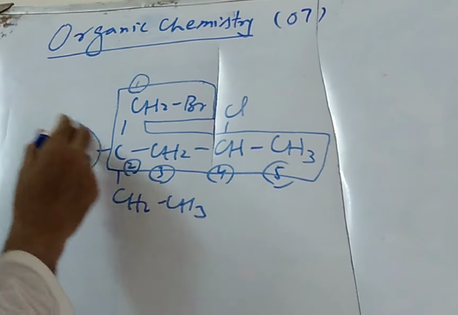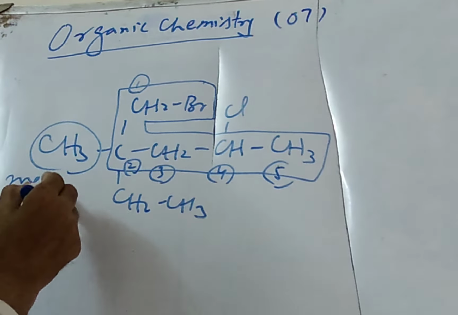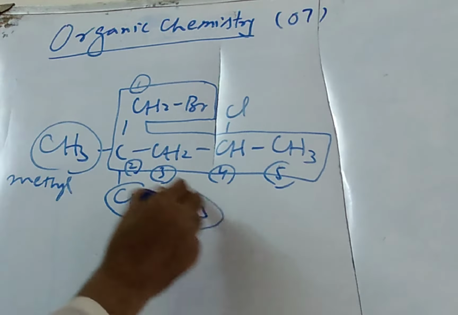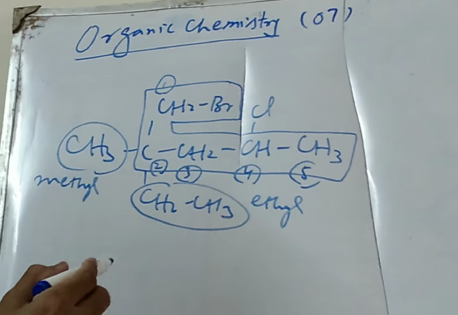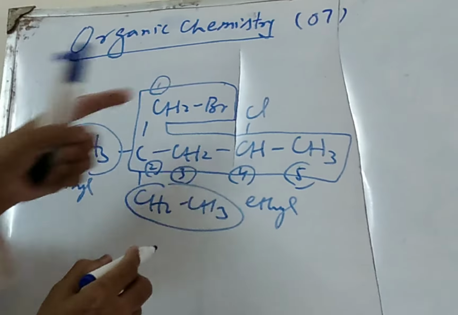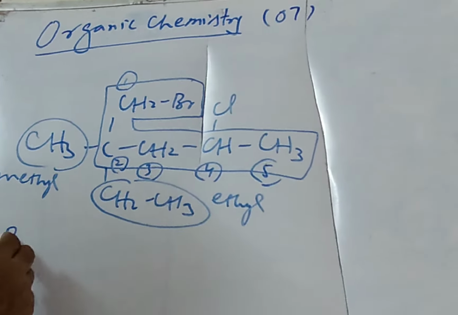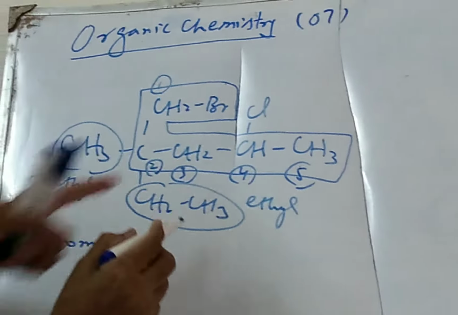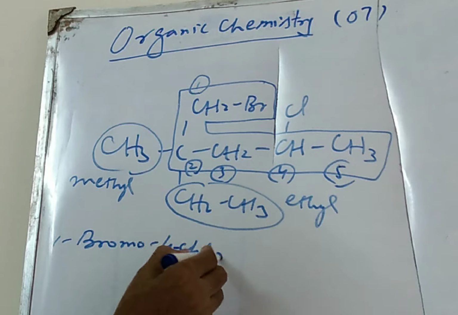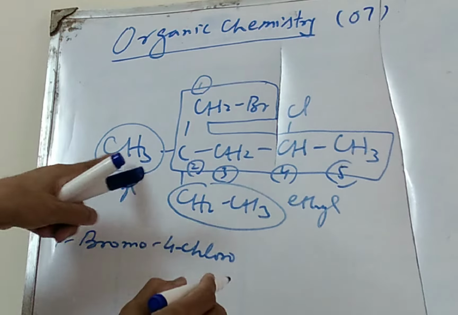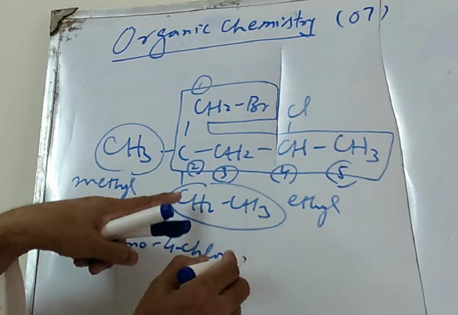Now you can see this is the methyl group and this is the ethyl group. So according to the rule, alphabetically B comes first. So this is the 1-bromo and this is the 4-chloro, and then the alkyl radical, that is ethyl, comes first.